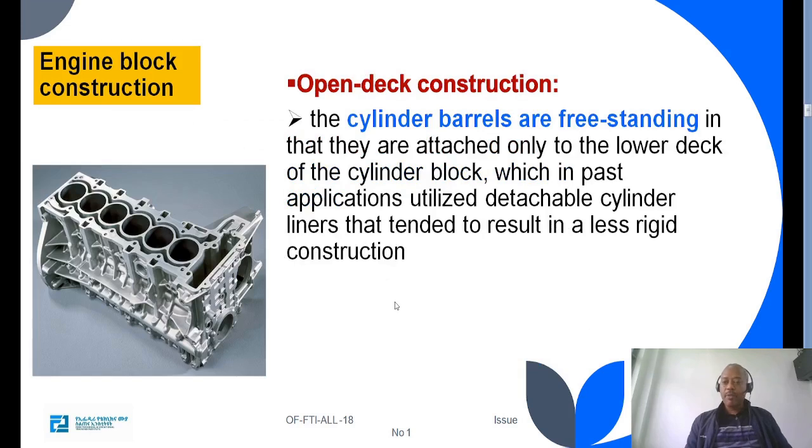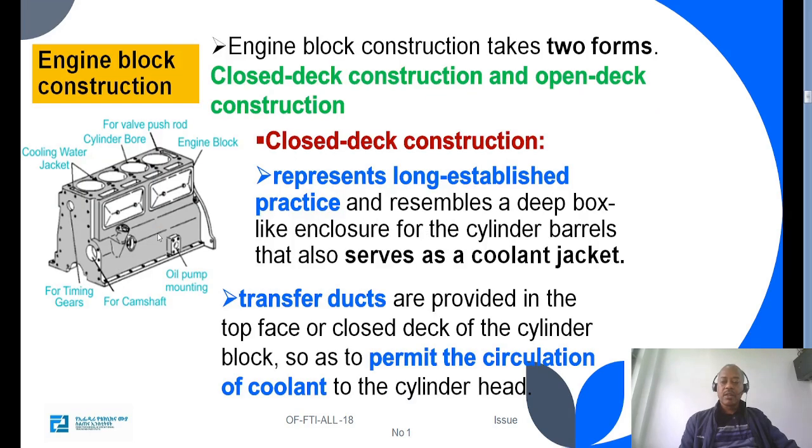The second type of the engine block construction is the open deck construction. In the case of the open deck construction, the cylinders are exposed to the outside. So there is a free space compared with the closed deck type.